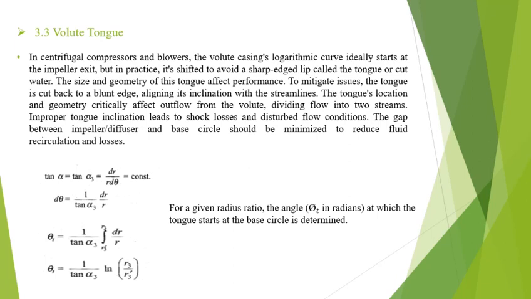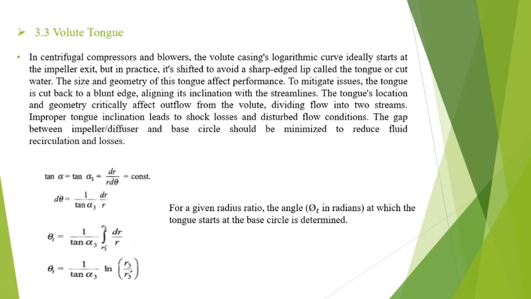To mitigate the issue, the tongue is cut back to a blunt edge, aligning its inclination with streamlines. The tongue location and geometry critically affect outflow from the volute, dividing flow into two streams. Improper tongue inclination leads to loss and distorted flow conditions. The gap between impeller and diffuser and the volute circle should be minimized to reduce fluid recirculation and losses.